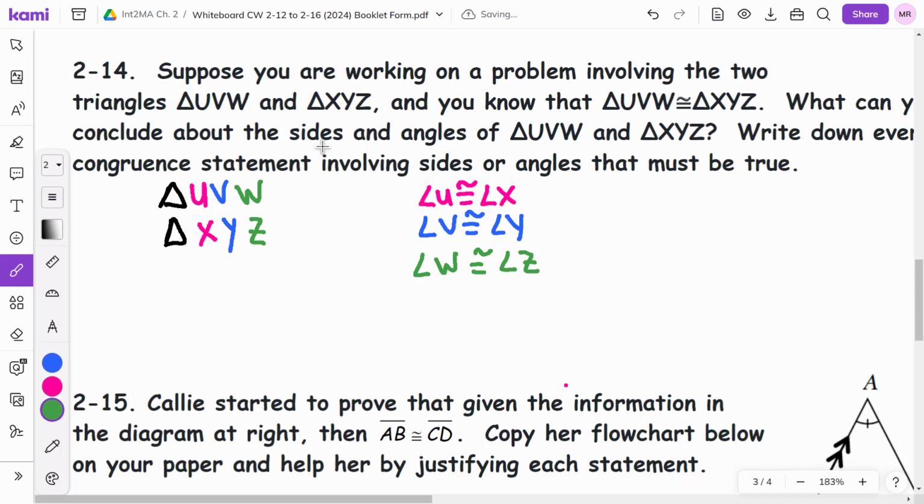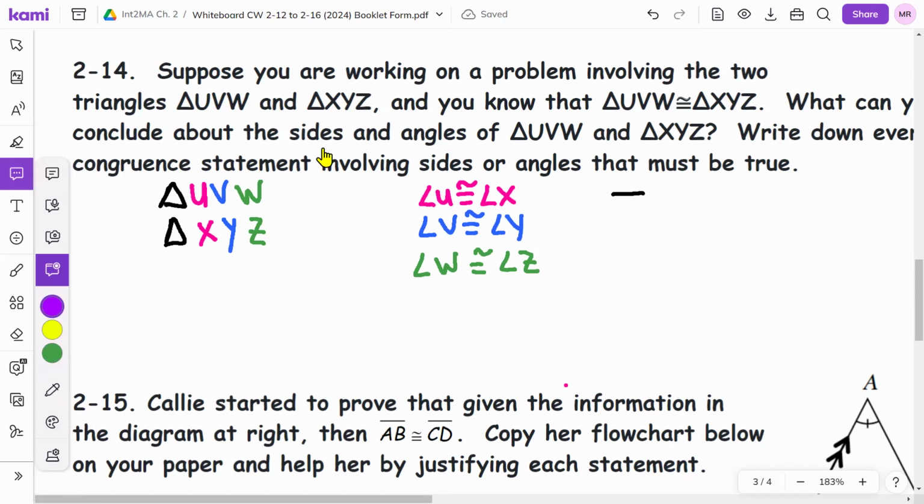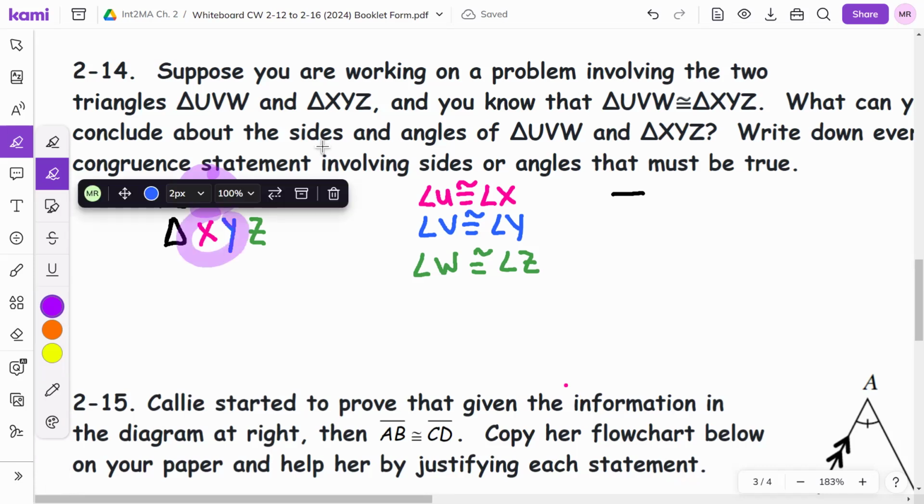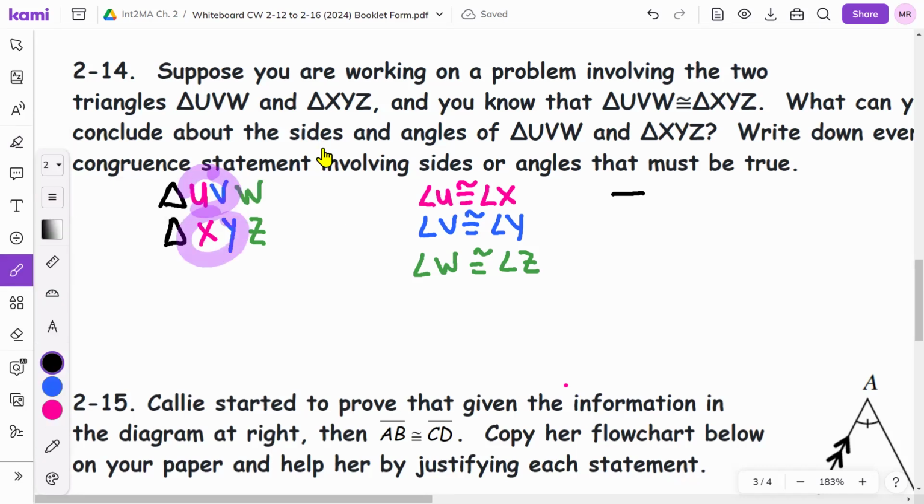And you'll notice that I lined them up. I also color coded them, but you can see them right underneath each other. So now I'm going to do segments. Let's say I do UV. If I'm doing UV, I'm going to do XY because they're in the same spot.